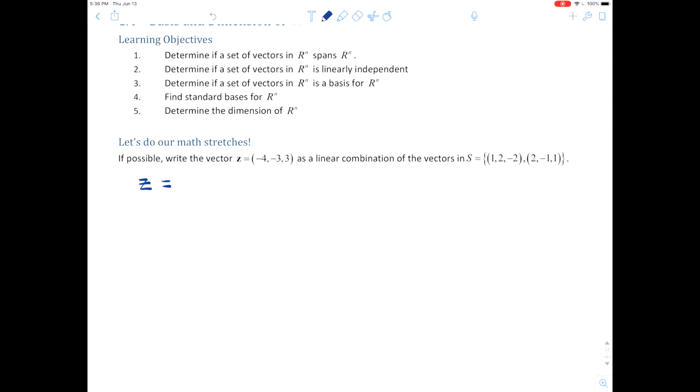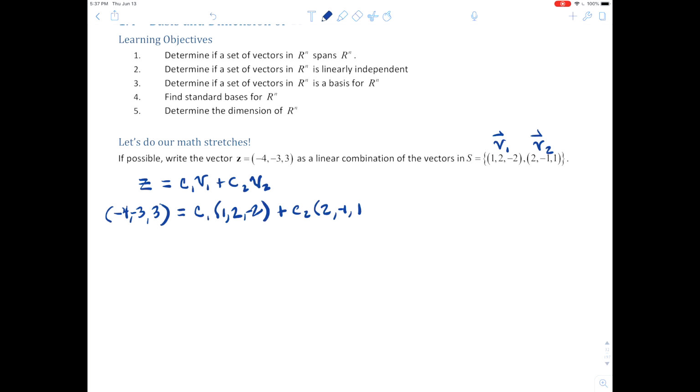So if we call these V1 and V2, then we would have C1 times V1 plus C2 times V2, and those two are equal to Z. So what was Z? -4, -3, 3 is equal to C1 times V1, 1, 2, -2, plus C2 times V2, which was 2, -1, and 1.